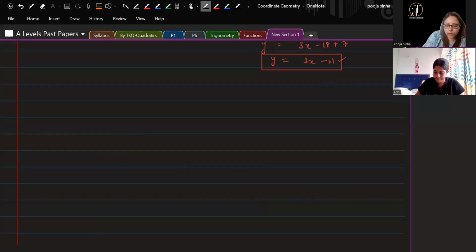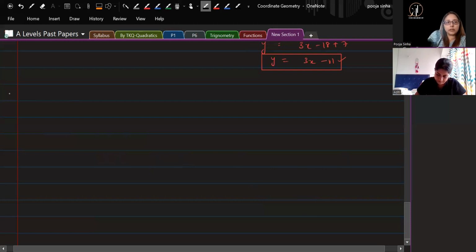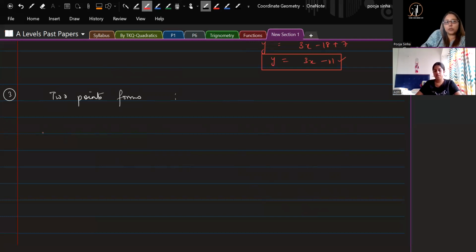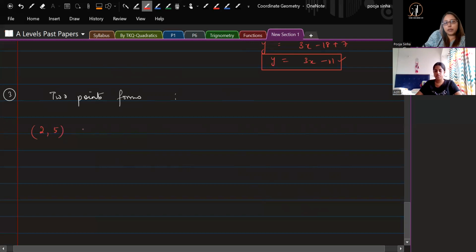Next, when you're not given the gradient and you are only given two points, that's called the two points form. For example, 2,5 and 3,8.